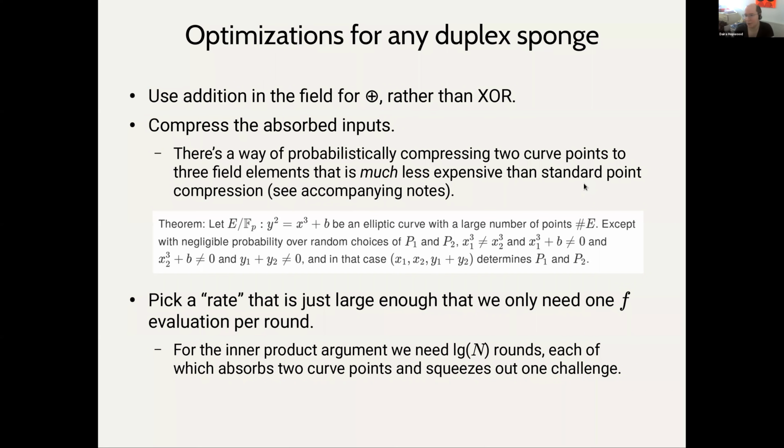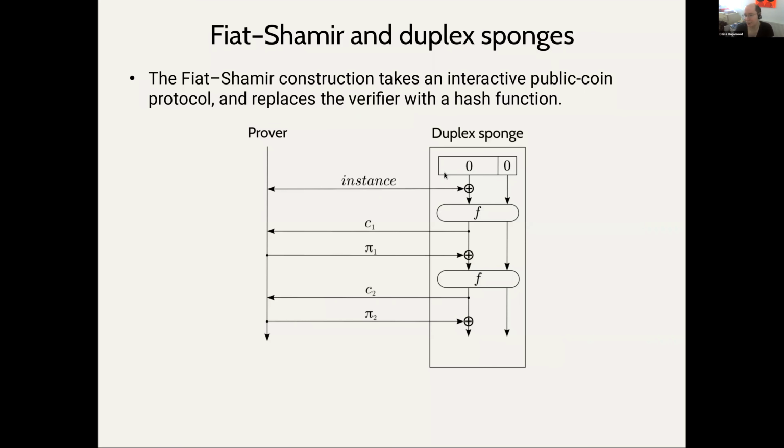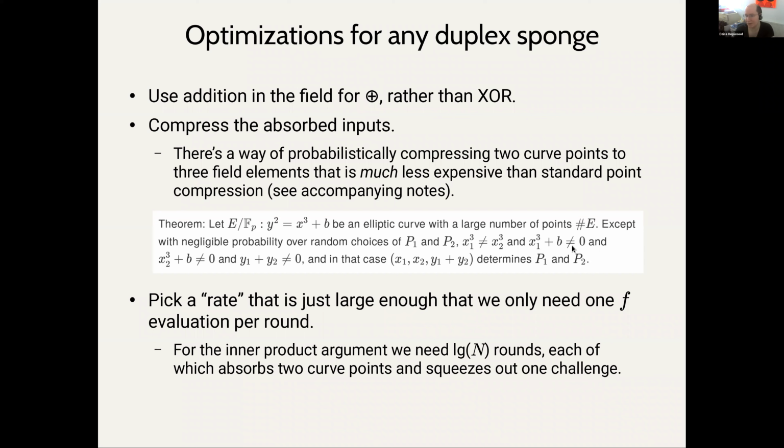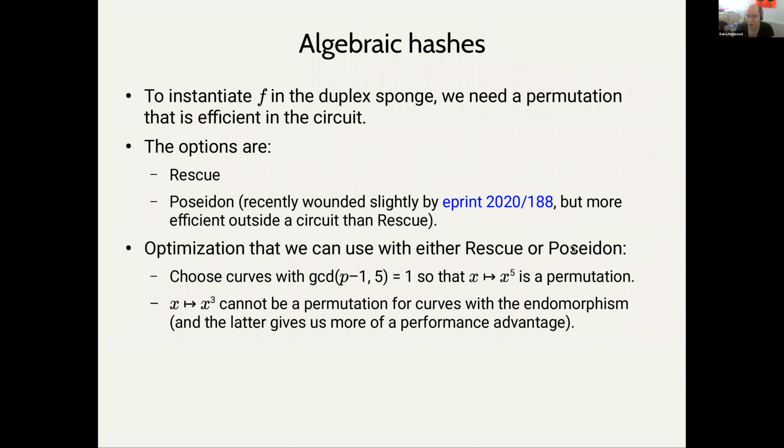And there are some optimizations that we can do. For example, we can compress the values that we're inputting to F here. So these partial proofs, we can compress them to fewer field elements, but I'll just skip the details of that. And for the permutation, we have several options.